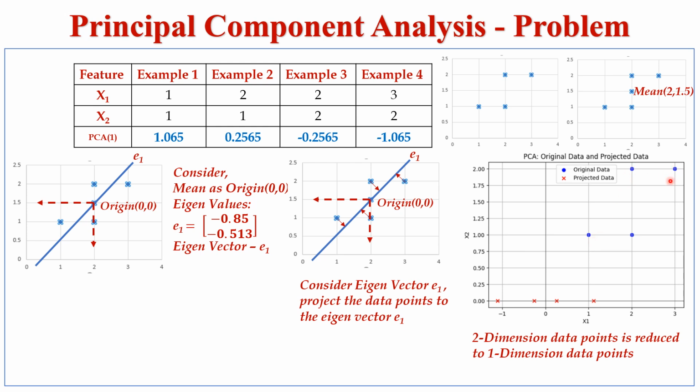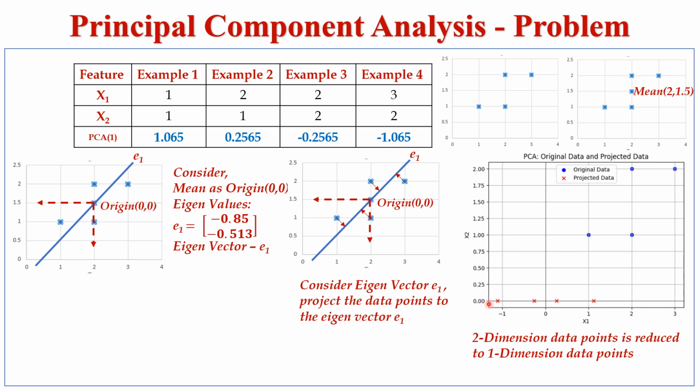So these are all the input data values, that is the original data values, and these are the projected values. We can see here the projected value 1.1065 is present here and 0.2565 is present here, minus 0.2565 is present here, and minus 1.1065 is plotted here.